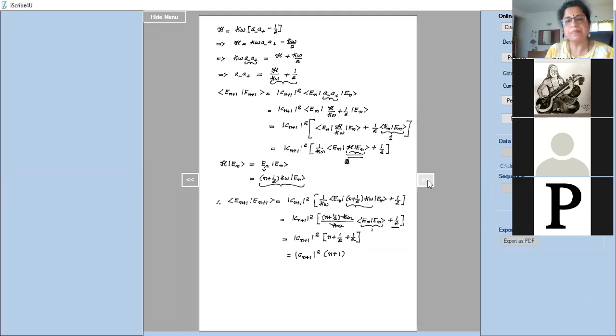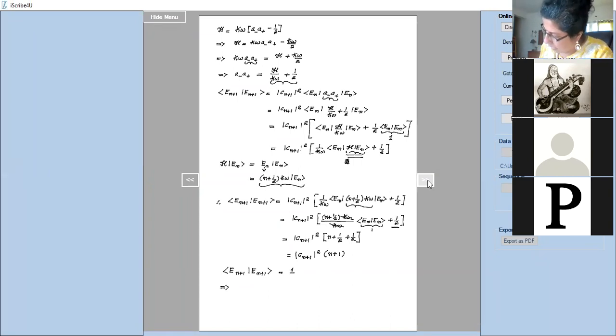Right? So what does it tell you now? It tells you that if you want mod En plus 1 to be equal to 1, we want it to be normalized.